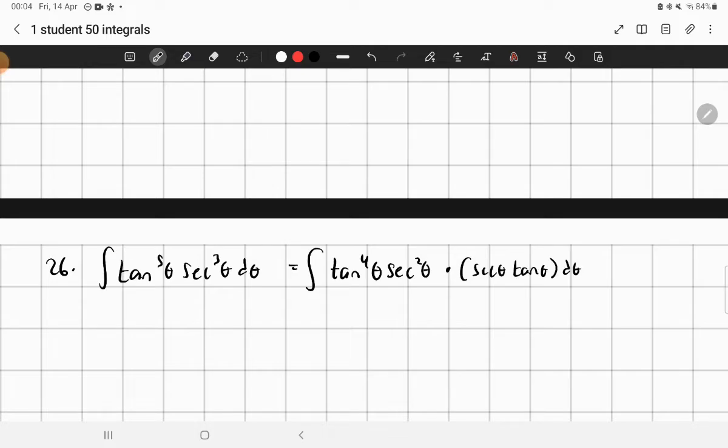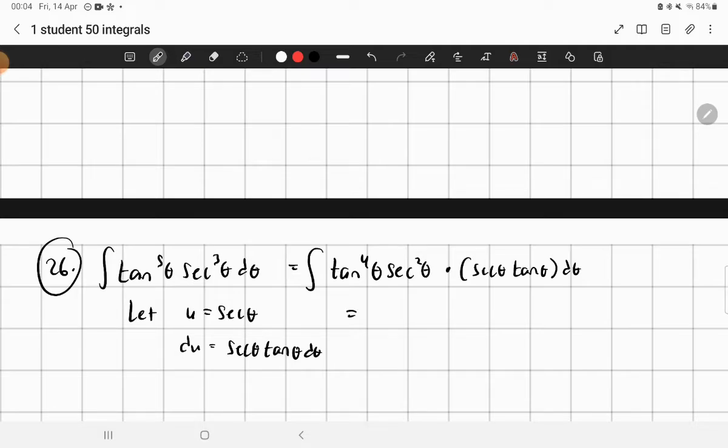So we know that if we do the substitution, which is u equal to secant theta, when we take the first derivative, it will be secant theta tangent theta d theta.